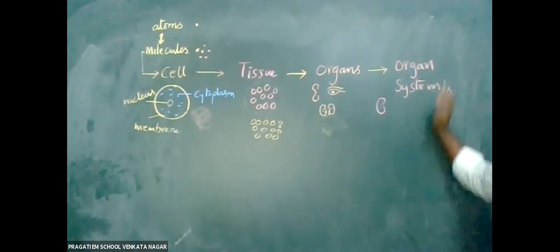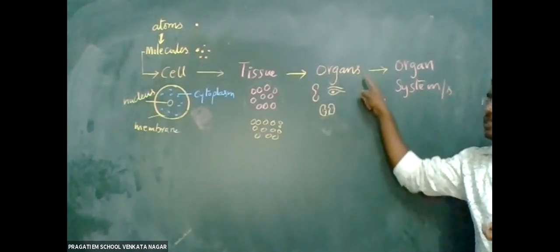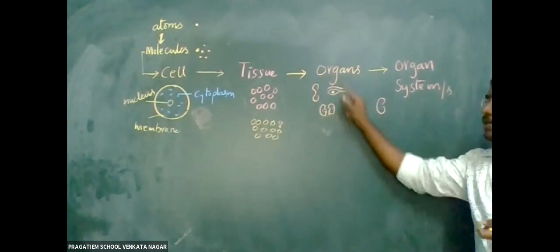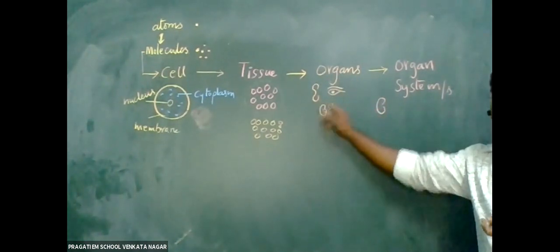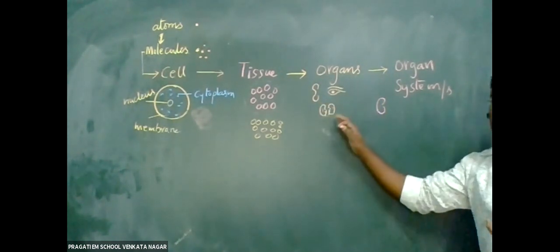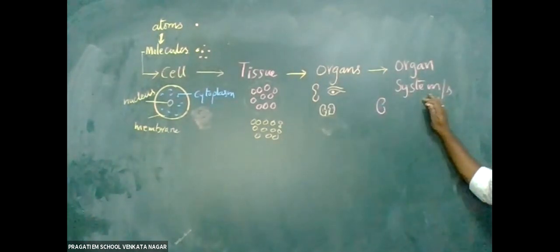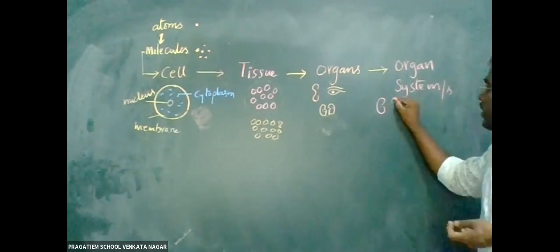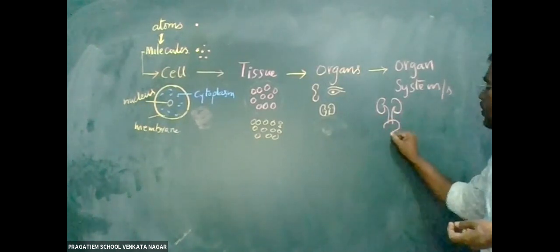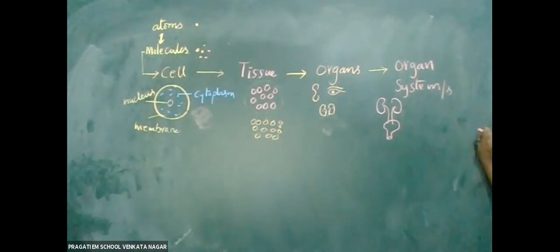Look here, organ systems. In the composition of organs, here I am representing separate organs like ear, eye, kidneys, etc. At the next level, organ systems are composed of organs coordinated with different types of systems.